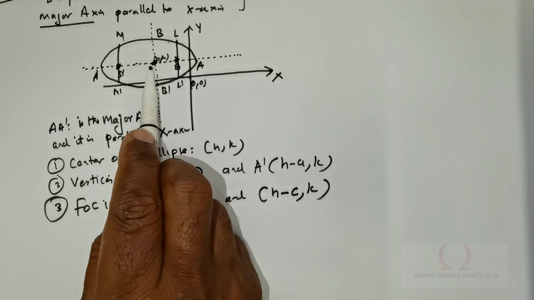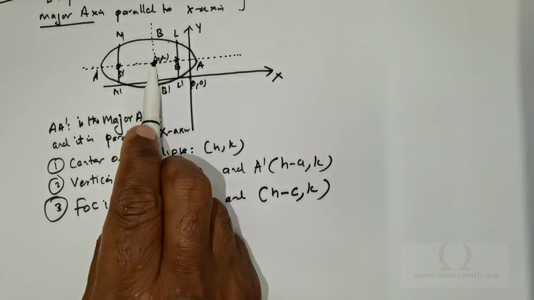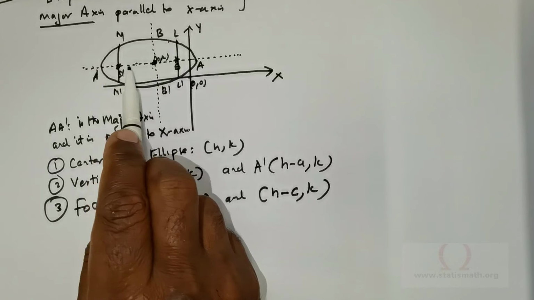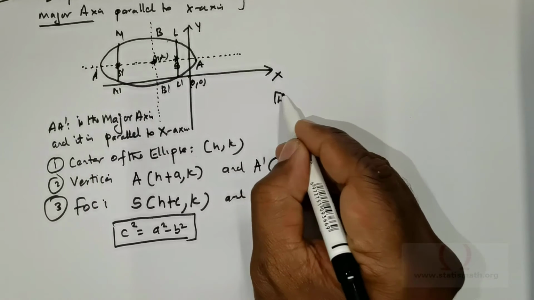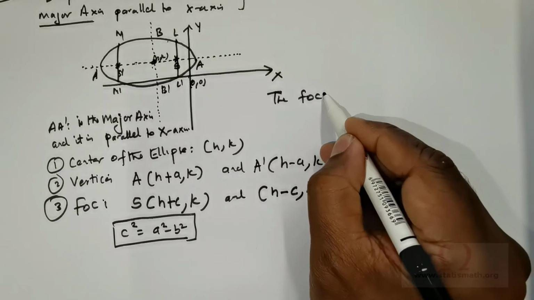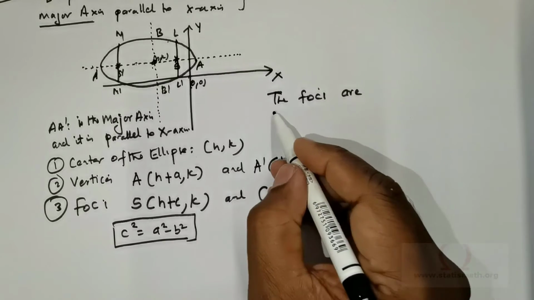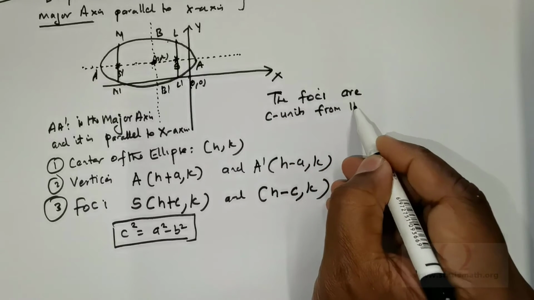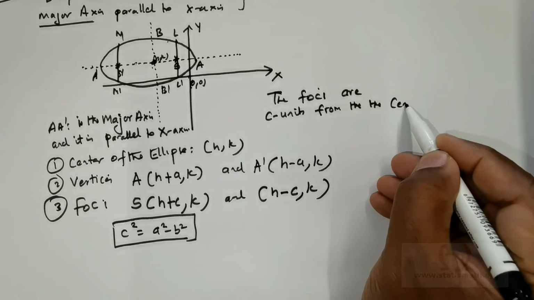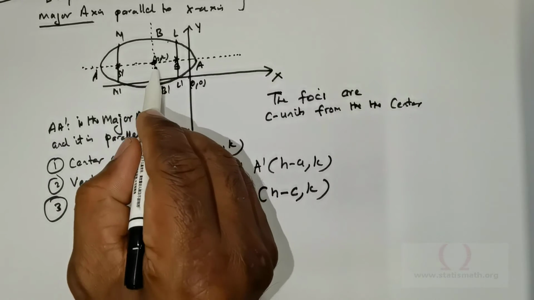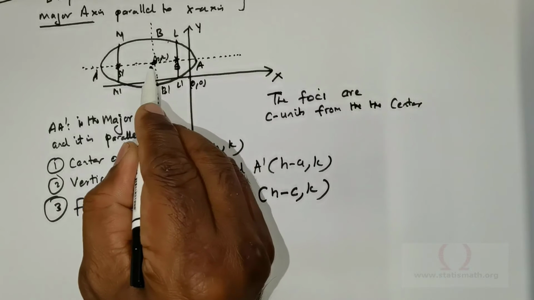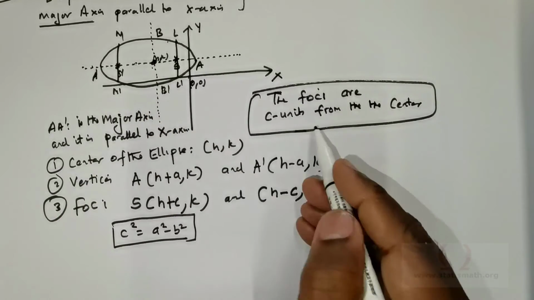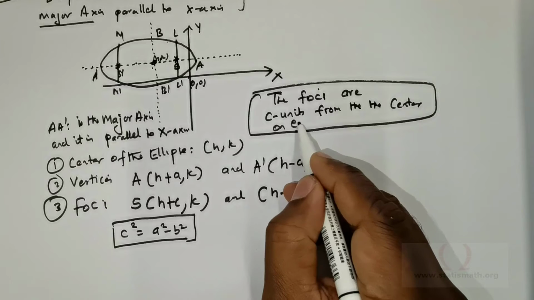The exact understanding is that the distance between the center and S, as well as the distance between the center and S dash, are going to be the same. I can state it here: the foci are c units from the center, on both sides.